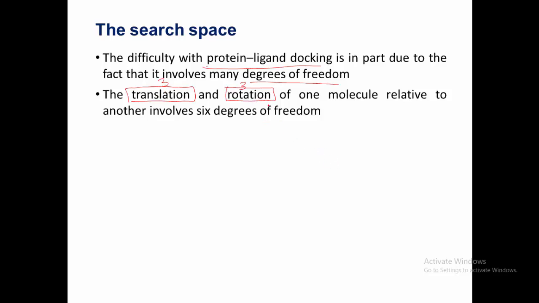Let's talk about rotation. You know that the molecule has a 3-dimensional structure. So if this is X, this is Y and this is Z, and this is my molecule here, the molecule can rotate along the y-axis, x-axis or z-axis.